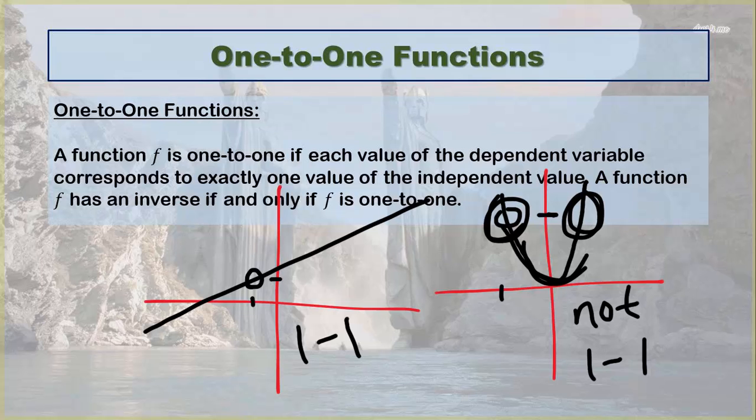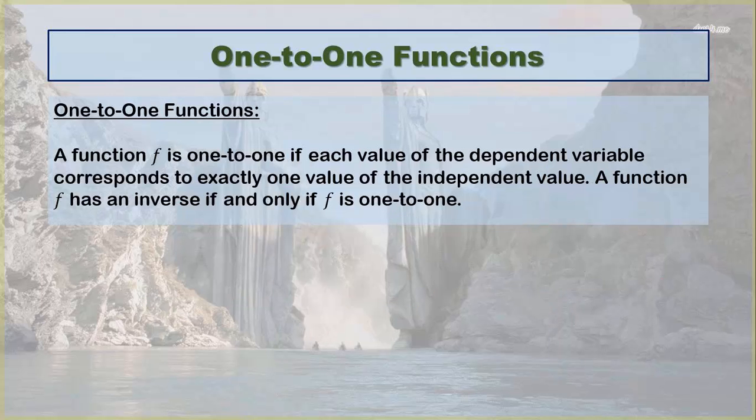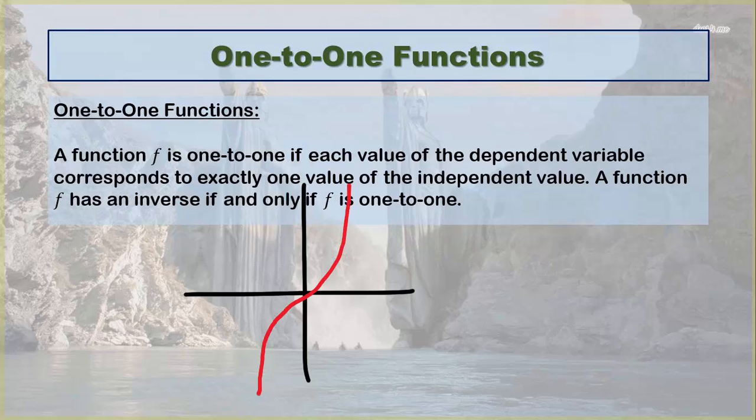Not to say that all curves are like that, because I could give you this graph. That graph is one-to-one. Okay, so just keep that in mind. One x mapped up to one y and one y mapped to one x. That's what it means to be one-to-one. And that is going to be the end of this video.